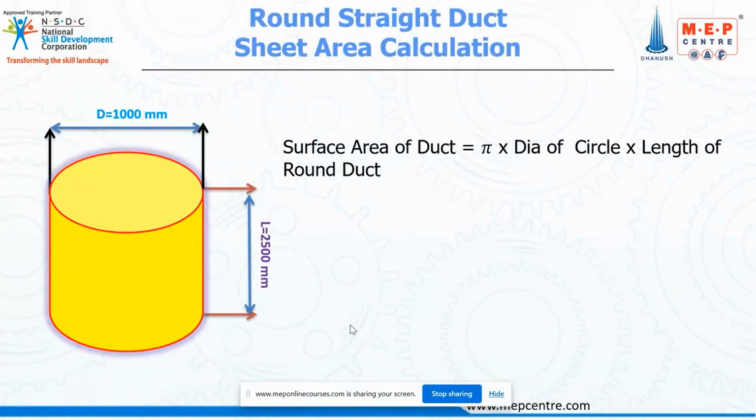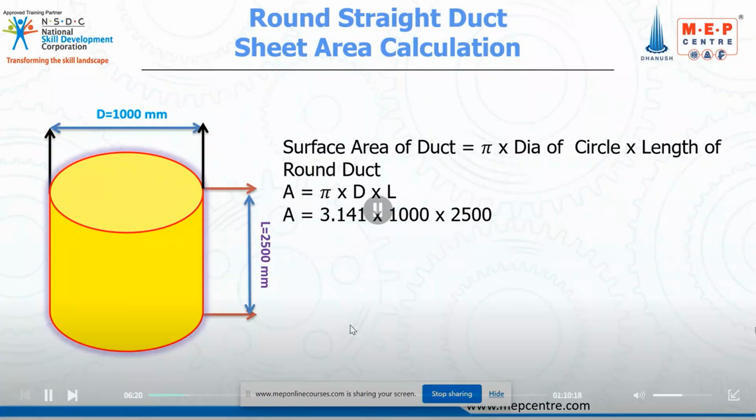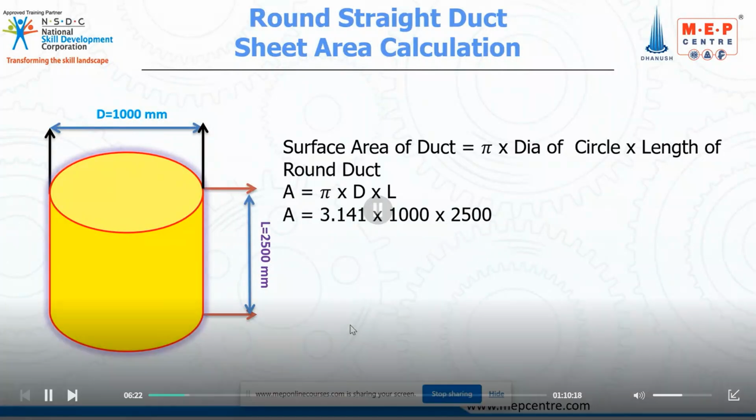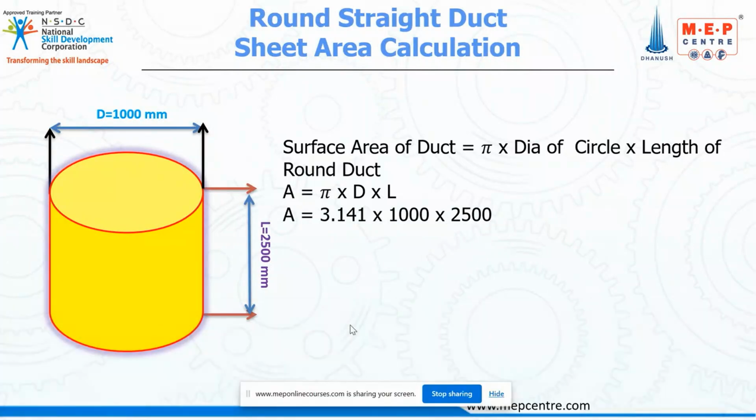Right? Yeah. So pi dl is the formula for surface area. So कभी कभी ये surface area को development area भी बोलते हैं. We call it as a development area also. Okay.